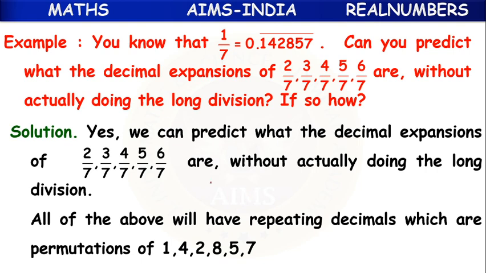So now, suppose if you get a question like this, 1 by 7, they have expressed as a decimal expansion 0.142857. This 142857 part is repeating. Now the question is, if you know the value of 1 by 7, can you predict the decimal expansions of their equivalent rational numbers, such as 2 by 7, 3 by 7, 4 by 7, 5 by 7, 6 by 7?